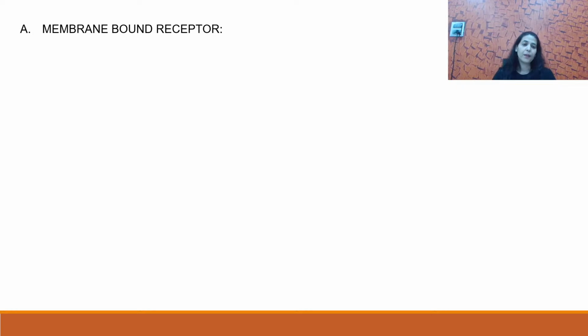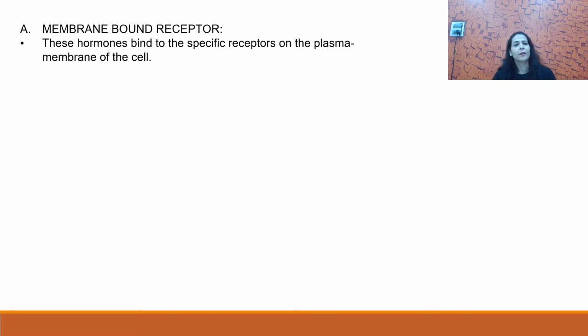Okay, membrane bound receptors. We are towards the conclusion of this session. We will study the two types of mechanism and then we are done. So membrane bound receptors: here the hormone binds to specific receptors on the plasma membrane of the cell. If this is the cell, on the plasma membrane there is a particular type of receptor present.